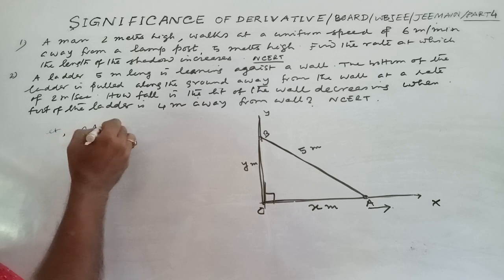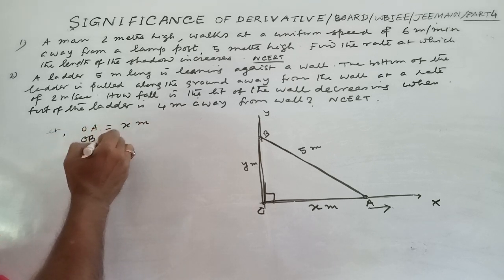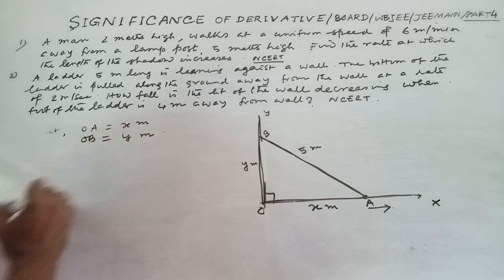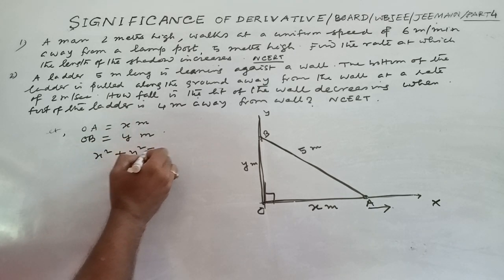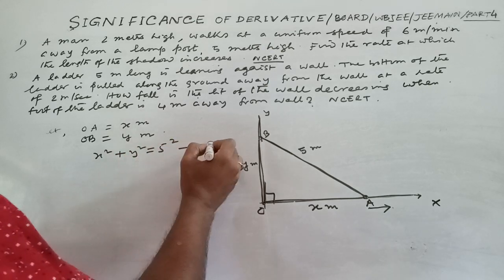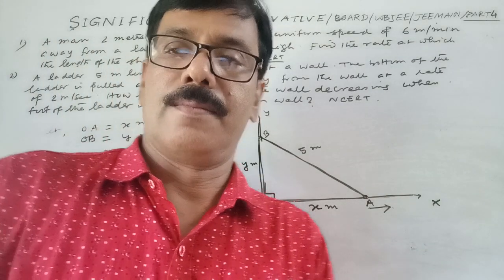Let OA equal x meter and OB equal y meter. So from the figure, x square plus y square equals 5 square. Call it 1.